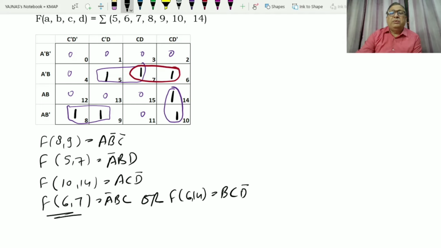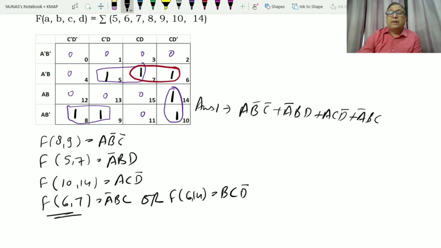So there are two possible answers. Answer number 1: A B bar C bar plus A bar BD plus A CD bar plus A bar BC. If you write this answer, then F 6, 14 is a redundant group.